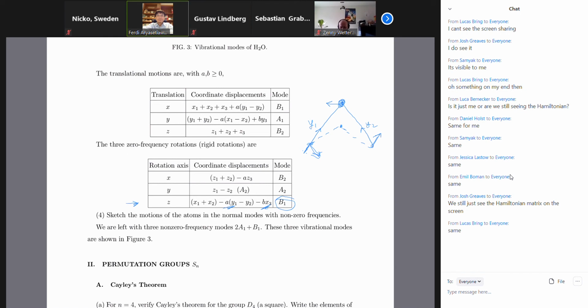So that's how we figure out all these translations and rotation modes, the zero frequency modes. I have a question. Yes. I've noticed a similarity to the Wigner-Eckart theorem, so I was wondering if one can use that theorem to derive the solutions, at least in terms of the modes.